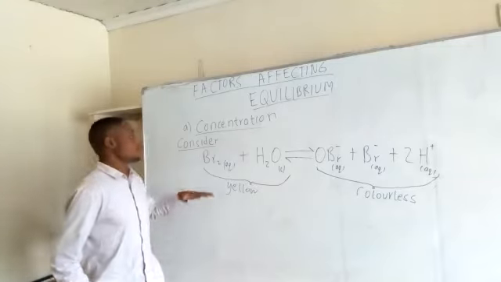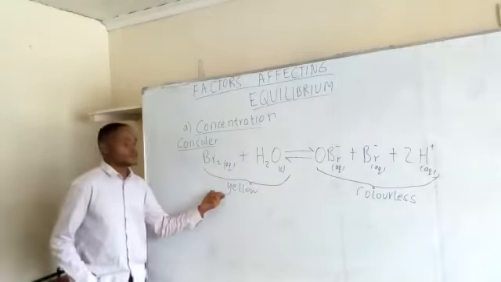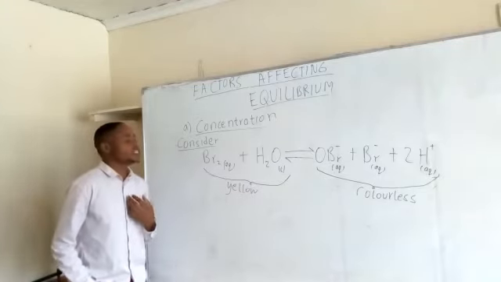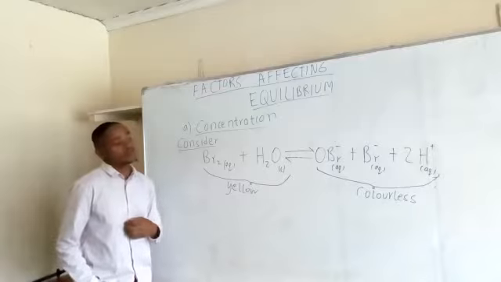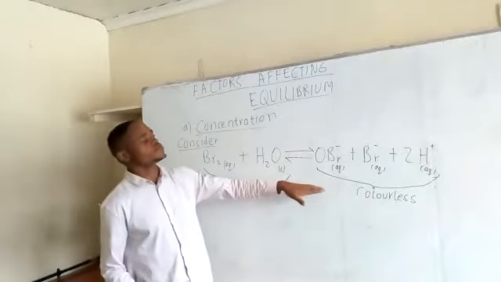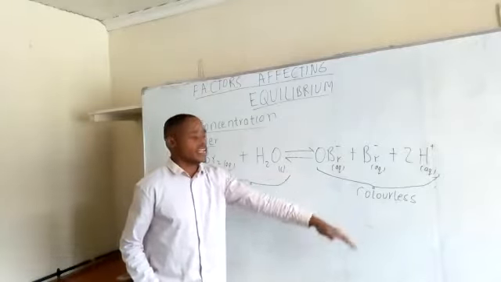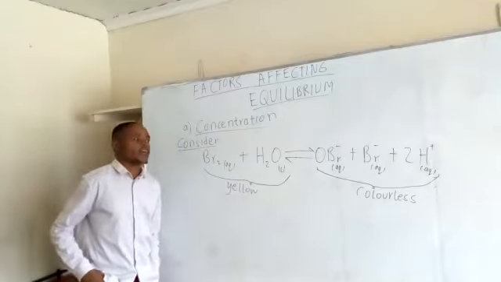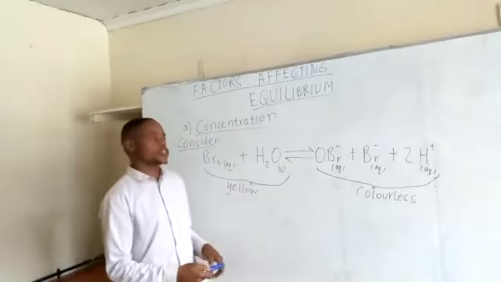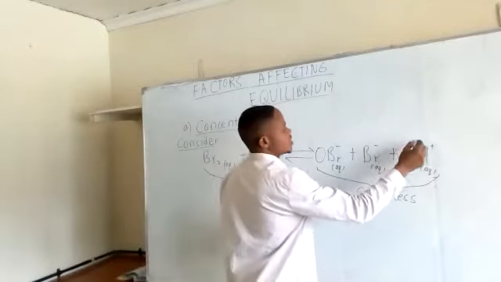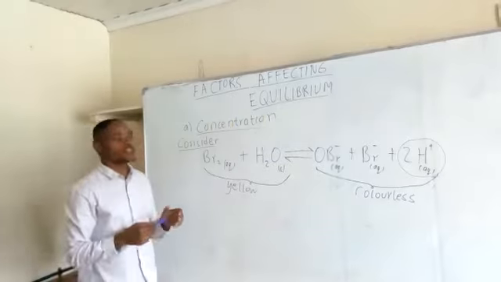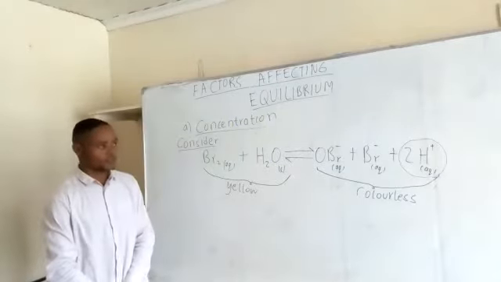Of course, bromine liquid is yellow, so our reactant solution initially should be yellow, and our products are colorless. So we're going to change the concentration of our hydrogen ions and see how that will affect the position of the equilibrium.